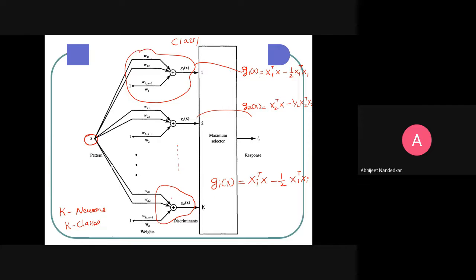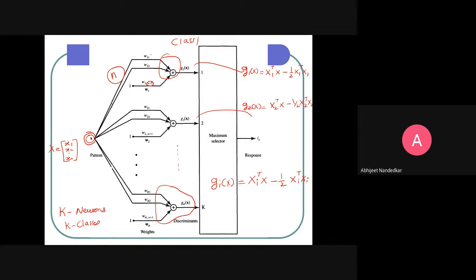If you see these connections now, this x, which is the input pattern, is appearing. Suppose I write x equal to x1, x2 up to xn, so it is an n-dimensional input. From this point to this neuron, there are n connections. And there is one more terminal, the (n+1)th terminal.